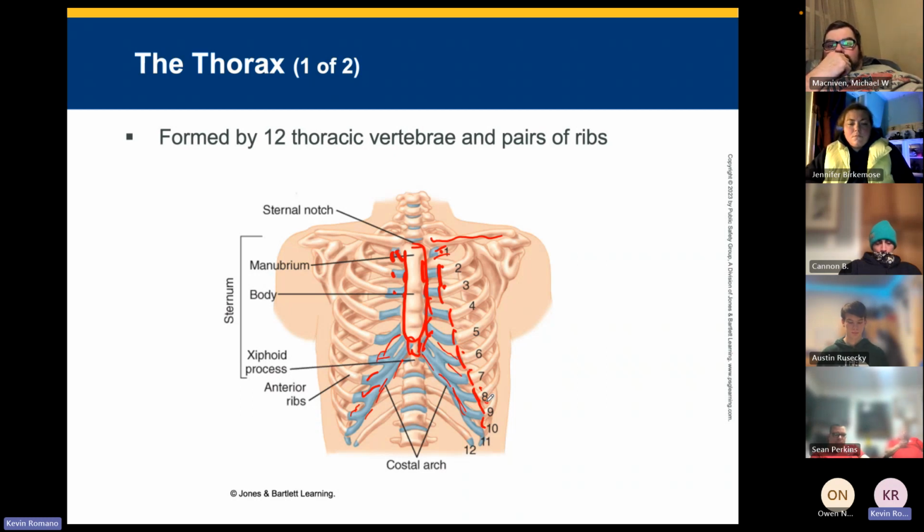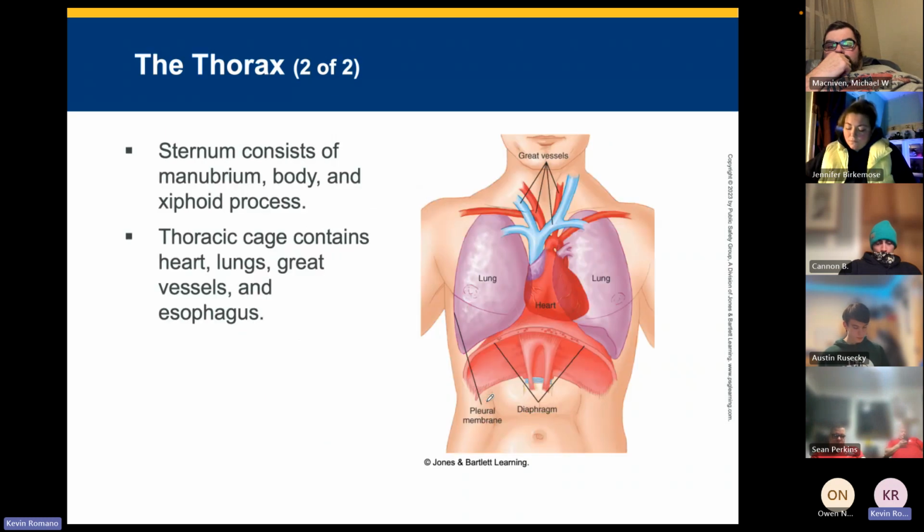And do a good lung sound assessment on these patients as well. The upper section of the sternum is called the manubrium. The body comprises the rest of the sternum except for a narrow cartilaginous tip inferiorly, which is called the xiphoid process, which is located at the bottom.